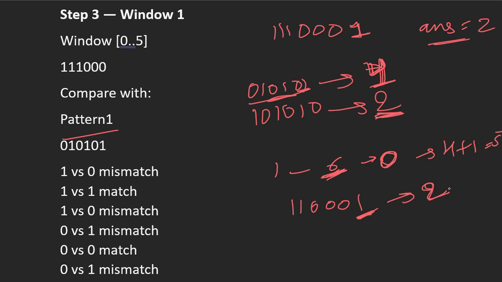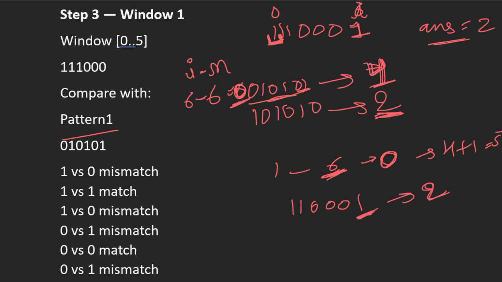And now we have to check the character that we have removed from the window, was it a mismatch or not, right? So the index is 0, and currently we are at index number, let's say i. So what we'll do is we will make i minus n, that is 6 minus 6 is 0.